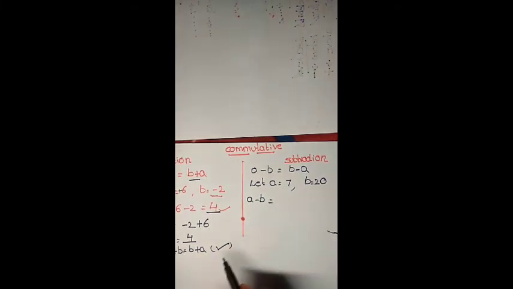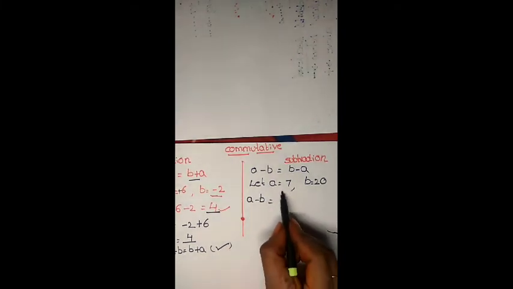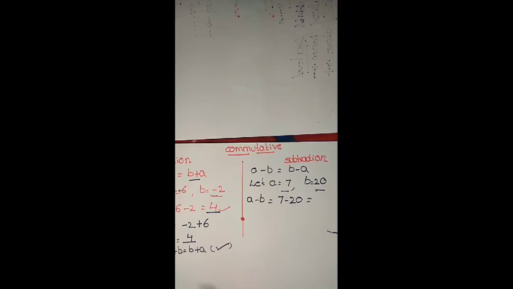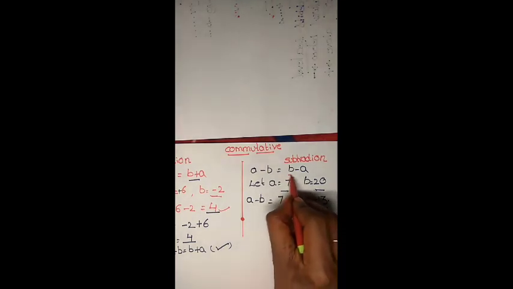Now we have to substitute a and b values in a minus b and b minus a to check whether this will satisfy the condition or not. So 7 minus 20. We have to do the subtraction. 7 minus 20 gives 13, and the bigger number contains the sign minus. So the answer is minus 13.